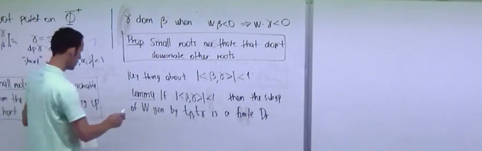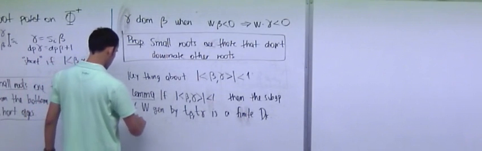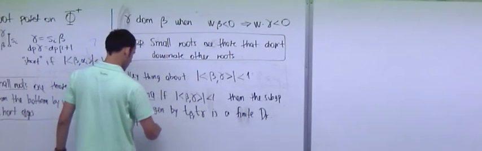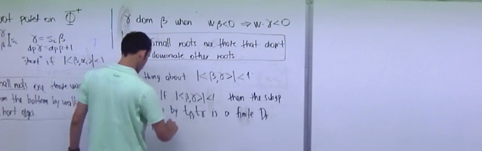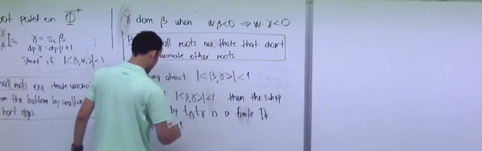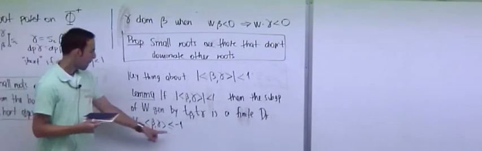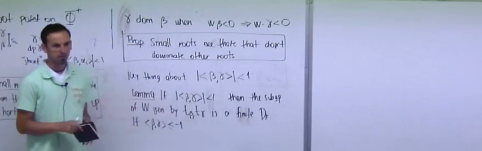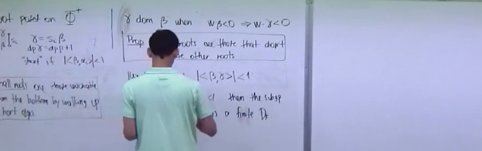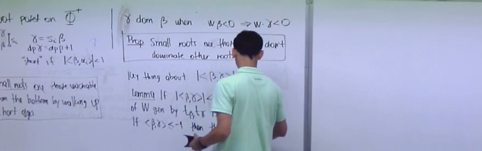Now, if the inner product is less than or equal to -1, then that's where the threshold happens. And then all of a sudden, this finite dihedral group becomes infinite. Then this subgroup is infinite.